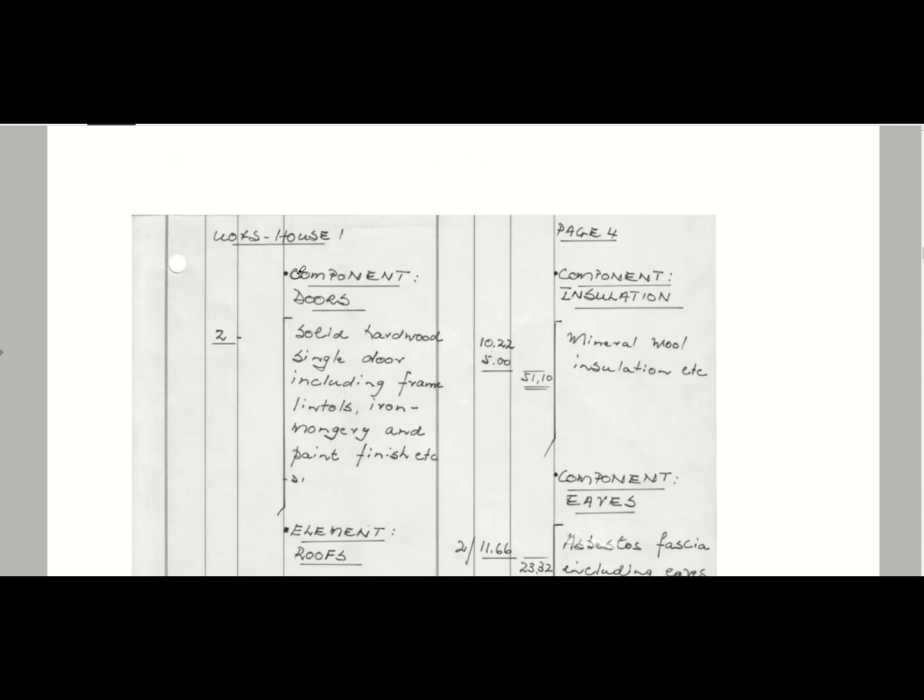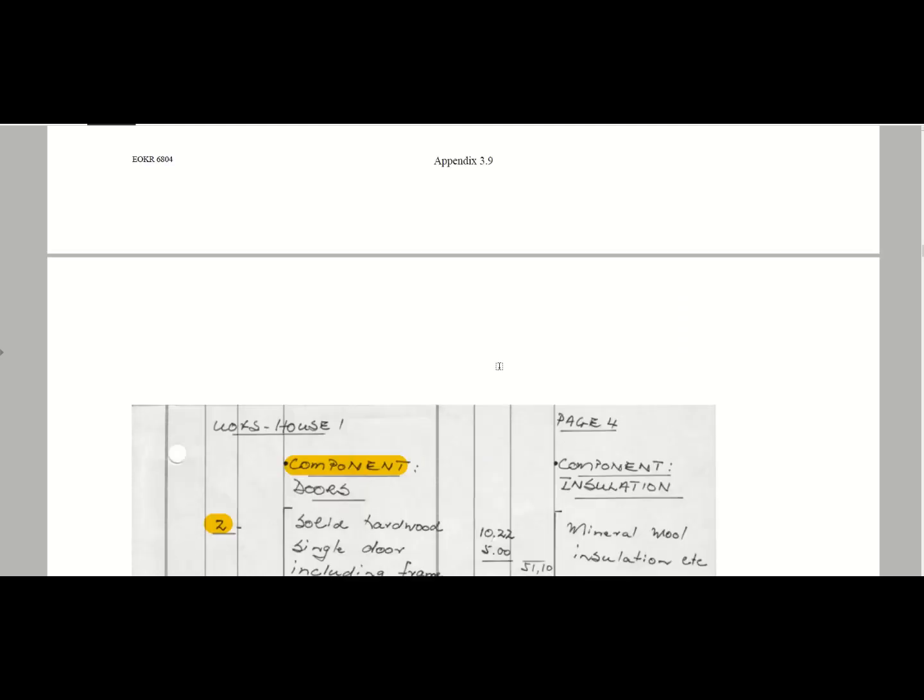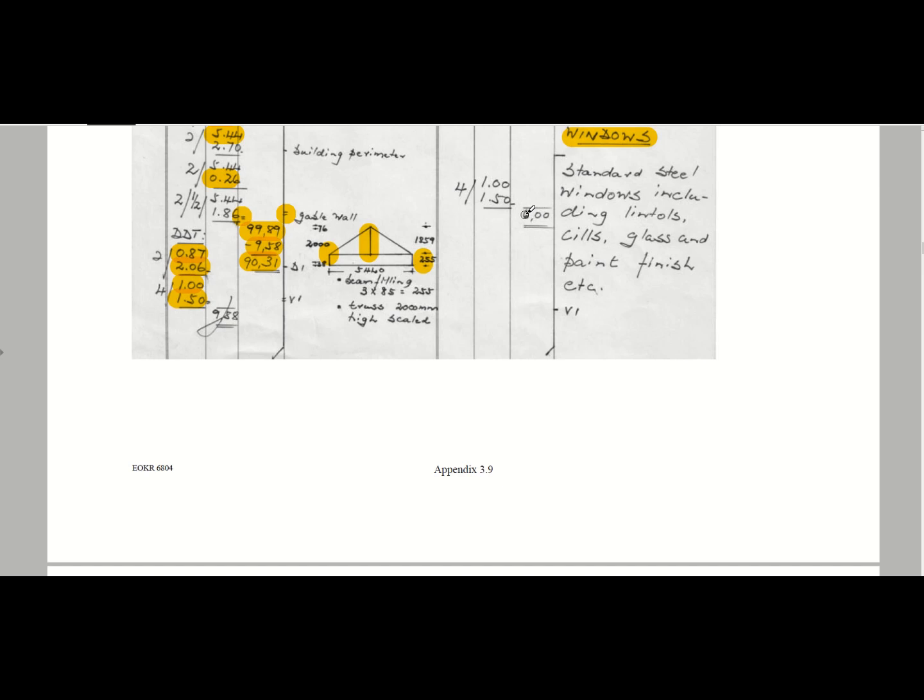So you've got your component for doors. Here you can see it's actually measured in number. The advantage of having it in square meter here is if you've got different size windows and you don't have quotes for it yet, then you can use a square meter rate universal to all of your windows.